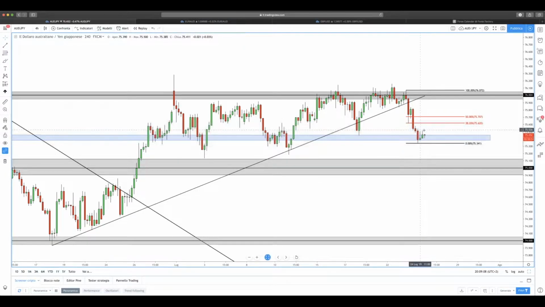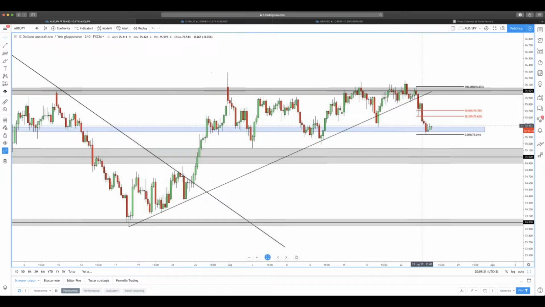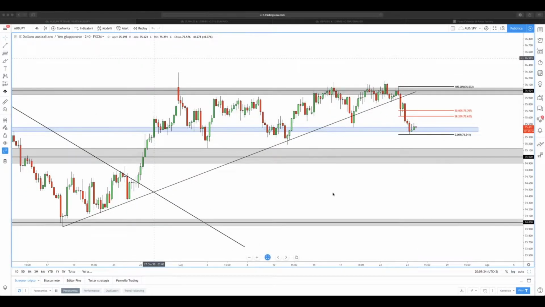Now guys, obviously after the clear break of this bullish trend line here, I expect a strong bearish movement, because we can see that this bullish trend line supported the price many times in the last 2 weeks.